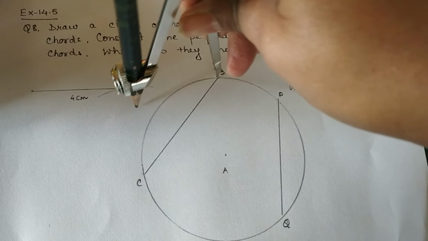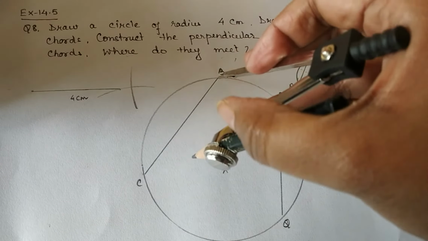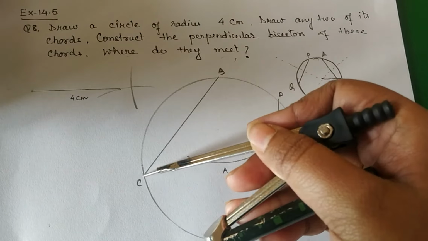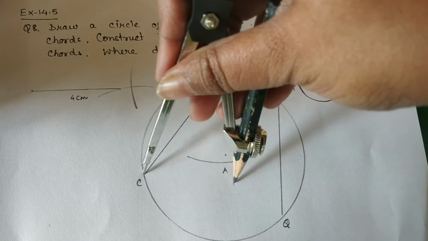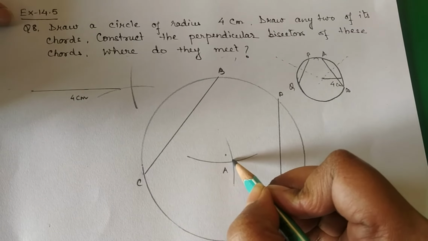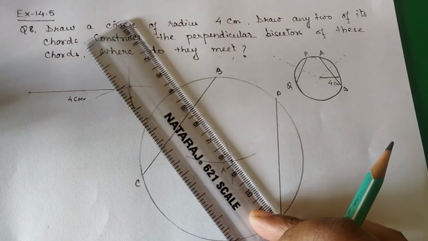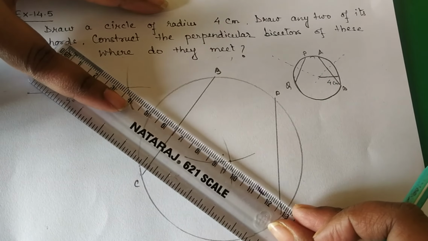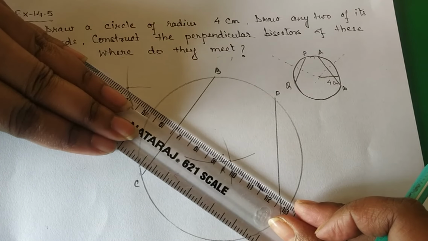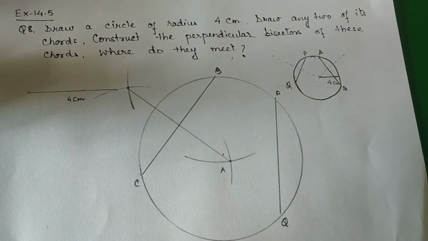Similarly from B point, draw another arc downwards like this, from C point like this. So we have got 2 intersecting points. Now let's join these 2. So this is the perpendicular bisector of BC.